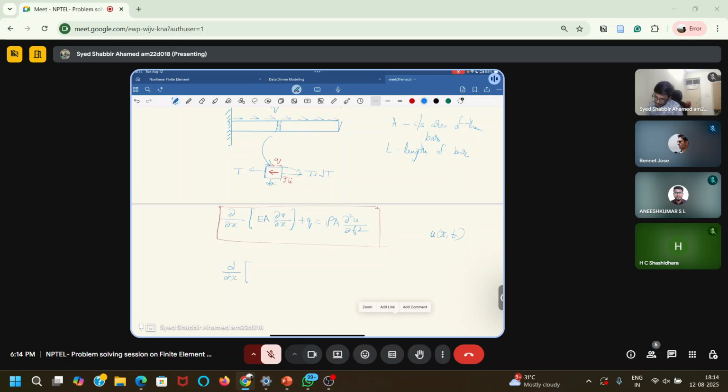Now I am saying that u will not be dependent on time because I'm ignoring the inertial effects. So now u will be only a function of x. That's why I am taking ordinary differentiation here instead of the partial differential equation. So this will be my governing equation.